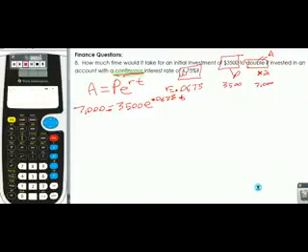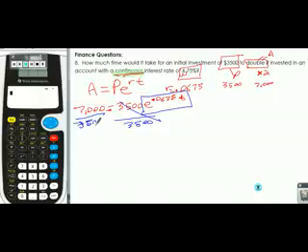So in order to solve for T, I need to isolate my exponential piece. My exponential piece is my exponent and my base. So base exponent, I need to isolate that. 3,500 is multiplying, so I'm going to divide it away. That's going to cancel there. Divide this by 3,500.